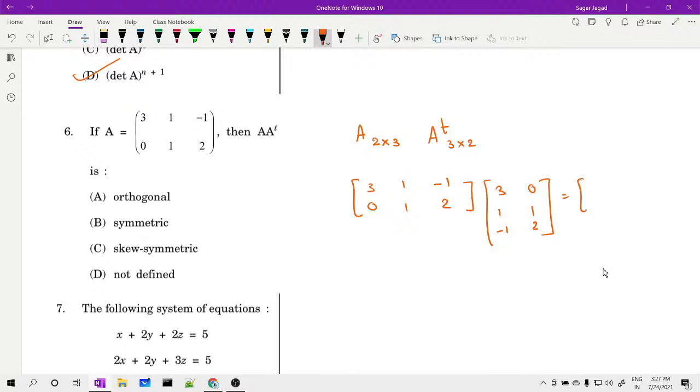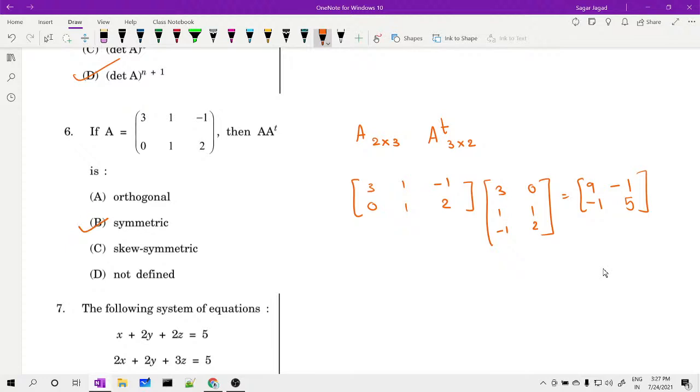So the first entry is 9, then 0 1 minus 2 is minus 1, then it is 4, it is 5. But by the way, this is going to be a symmetric matrix.